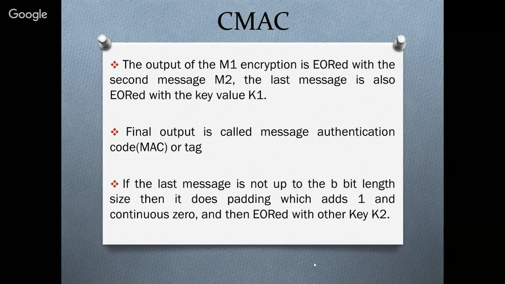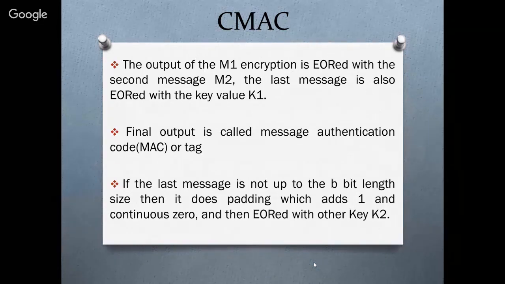The output ciphertext is XORed with the second block of plain text, message 2. After the XOR operation, it is given to the encryption algorithm with the key value. It produces an output, which is XORed with the third message, and that is given to the encryption algorithm.